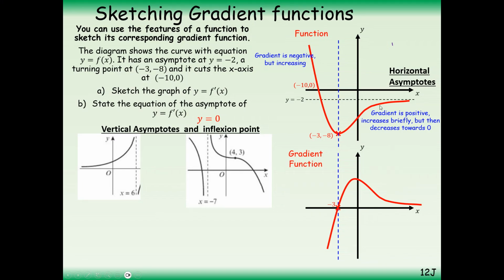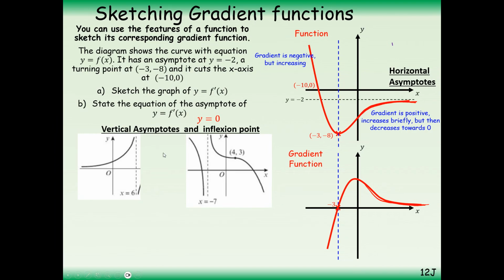Now, the fact that it has an asymptote means that its gradient is going towards zero, and because it's approaching zero from above, it was positive and it's turning into zero. So that's why it's positive and the gradient is turning towards zero as well.